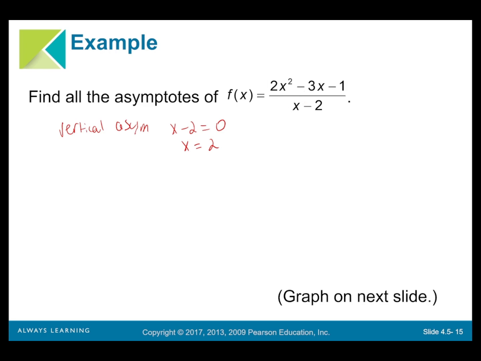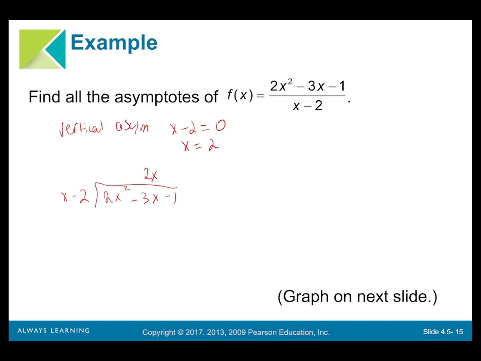What we're going to do to find that is a little bit of long division. You could do synthetic division here, but it gets a little bit trickier when we have bigger terms down the road, so I suggest sticking with long division. I'm looking at 2x squared minus 3x minus 1 divided by x minus 2. To solve this using long division, I always ask myself, what times x gives me 2x squared? That's just 2x.